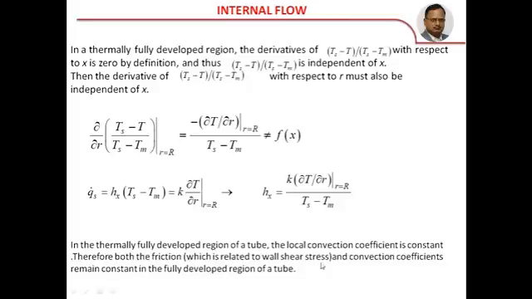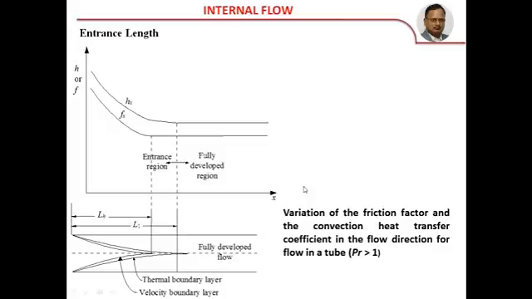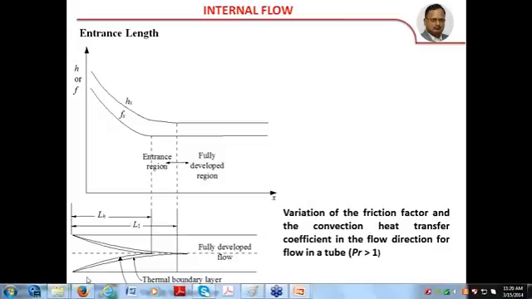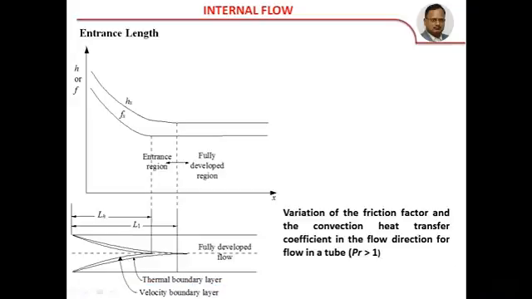So the Reynolds number is constant throughout the length of the pipe. The heat transfer coefficient and the friction factor also remain the same throughout the length of the pipe. This is a very important inference which you have to remember.